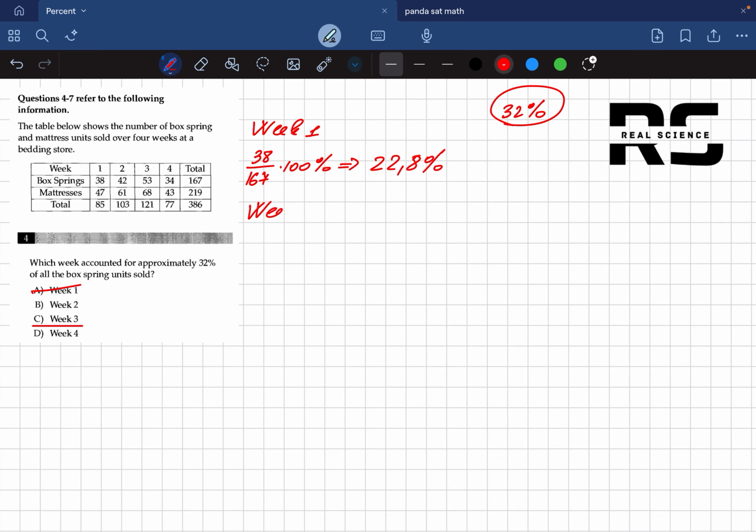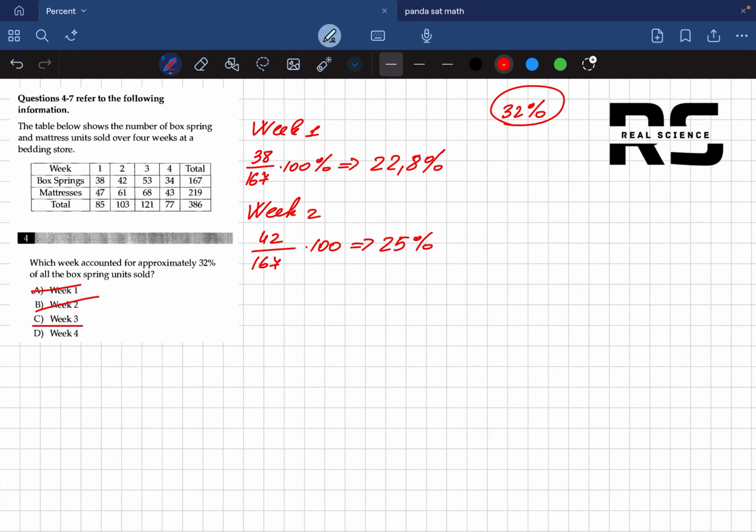So let's calculate week 2. This is the same thing, 42 divided by 167 times 100. That's going to be 25%. That is also not our answer. So let's just take 53 divided by 167 times 100.